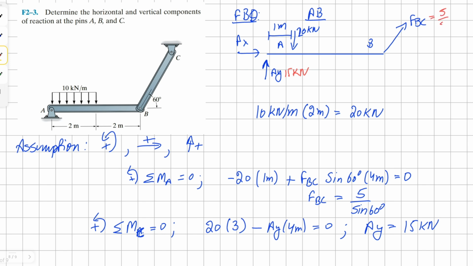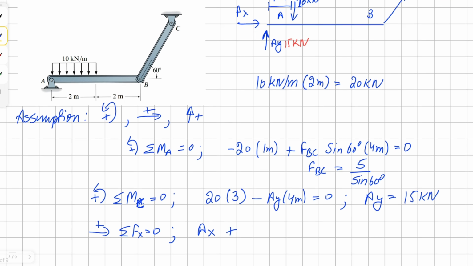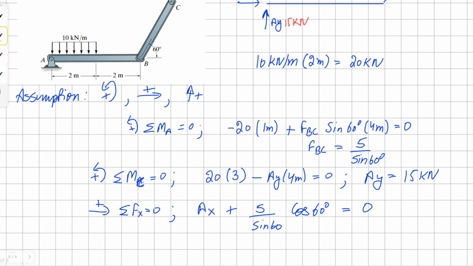And our F_BC is 5 over sine 60. Okay, all right, so now we are missing our reaction AX. So let's solve for reaction AX. It'll be the sum of forces in the x direction. We know our AX is positive, and we're assuming the reaction for force BC is also positive, so it'll be AX plus 5 divided by sine 60 times cos 60 equals 0.